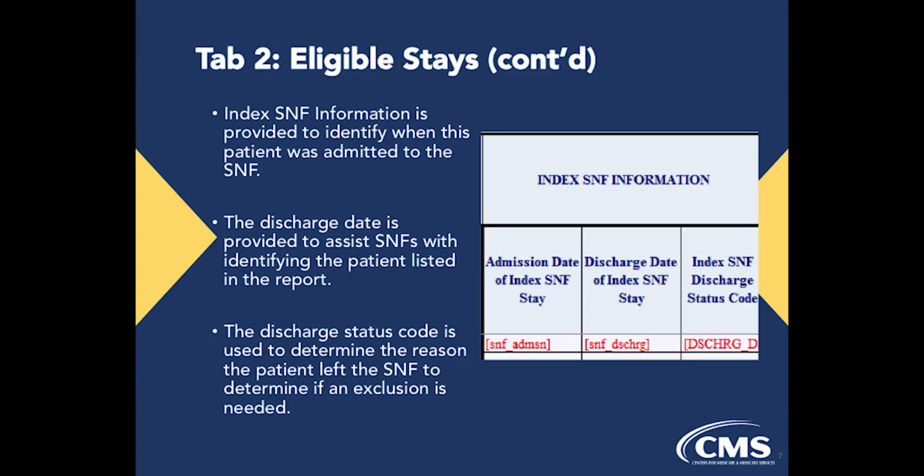The discharge status code is used to determine the reason the patient left the SNF. For example, if the patient left the SNF against medical advice according to the SNF claim, this patient would be excluded from the measure. Again, we pull this information from SNF claims. If an error is identified in this section, SNFs must follow the established claims correction process.